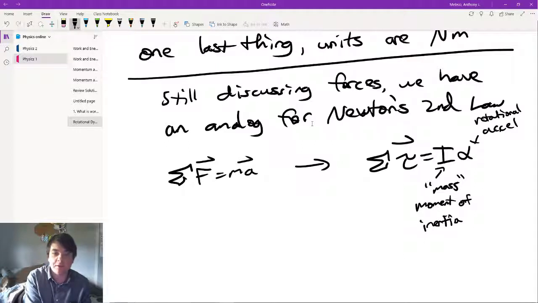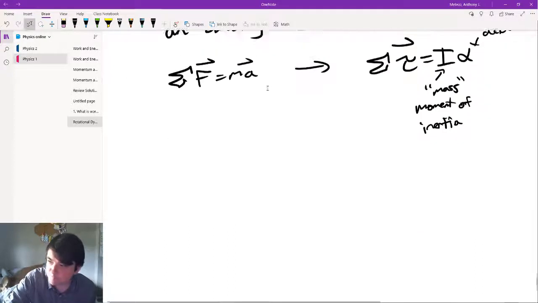And how you accelerated depended on how much mass you have. Mass is your resistance to forces, right? If you're more massive, it's harder to move something. Here, the same thing is true. You sum up all the torques, that's equal to your mass, and if your moment of inertia is larger, or distributed in a different way, I'll talk about that, that will alter your rotational acceleration.